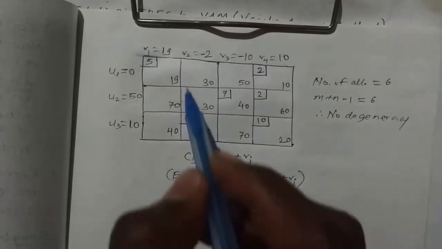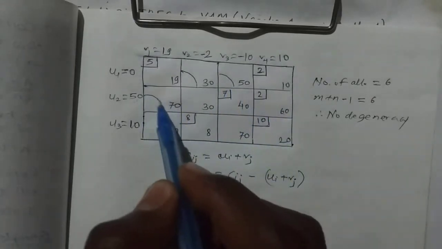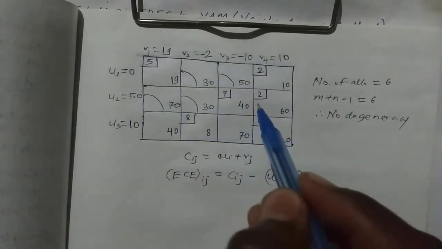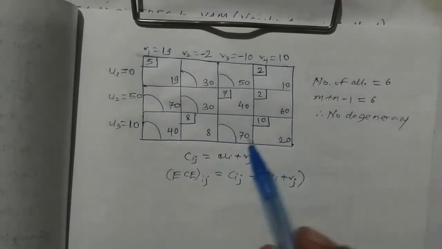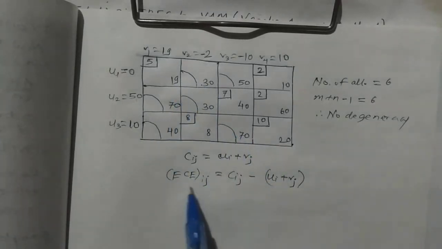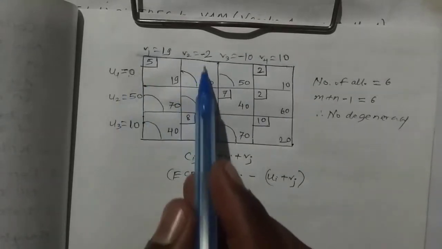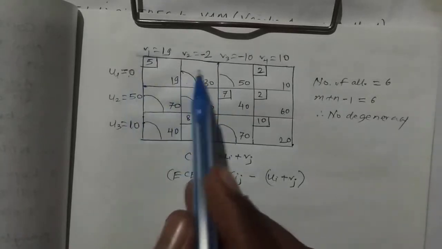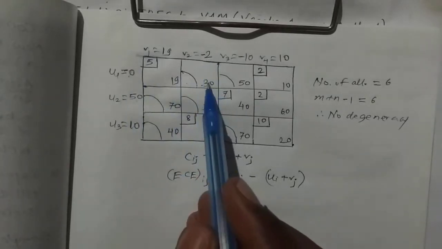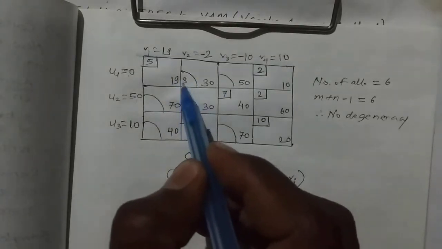Non-allocated cells, let us mark them and we will write there empty cell evaluations and we will check for optimality. Now here let us use this formula. For this empty cell evaluation, we will have to add these two values and subtract from this value. So 0 plus minus 2, minus 2. So 30 minus minus 2, it comes 32.